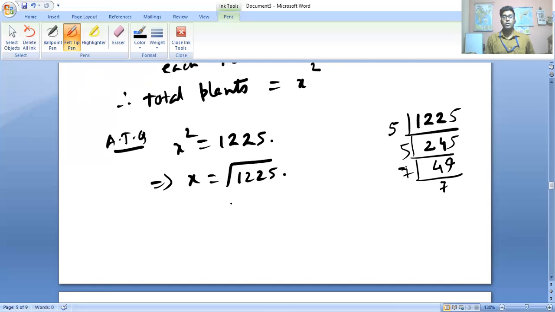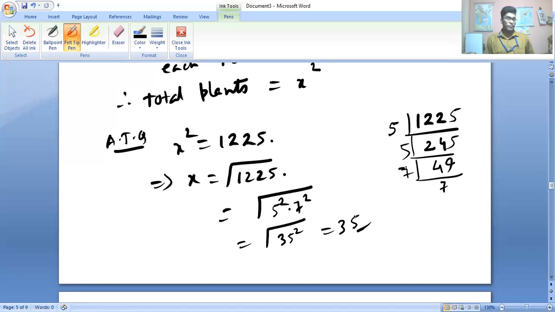Okay, so 1225, what can you write? 5 square into 7 square. That means 35 whole square. So the answer is 35. So the question says find the number of rows and the number of plants in each row. So what can you write?